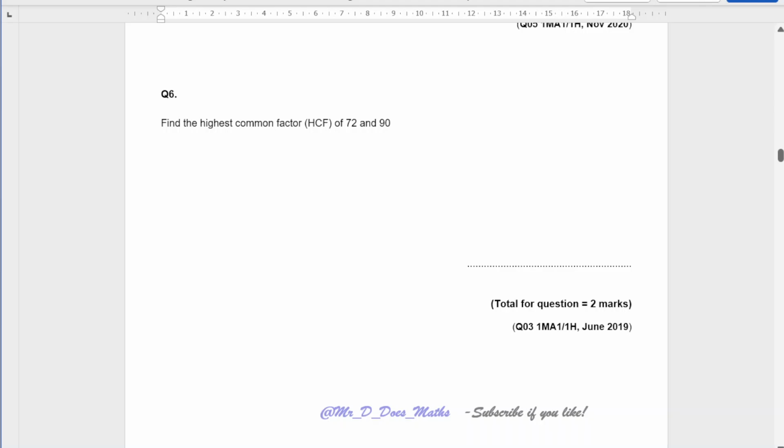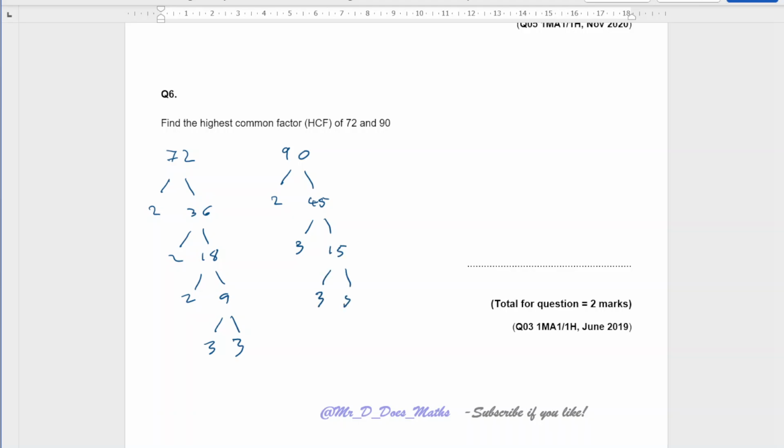Find the highest common factor, or HCF, of 72 and 90. Again, we go back to our factor trees here. So 72 is going to be 2 times 36, which would be 2 times 18, which would be 2 times 9, which would be 3 times 3. And 90 is going to be 2 times 45, which is going to be 3 times 15, which is going to be 3 times 5.